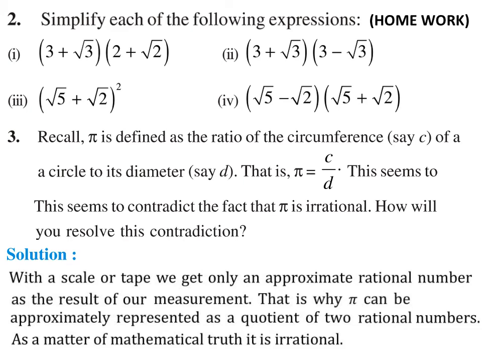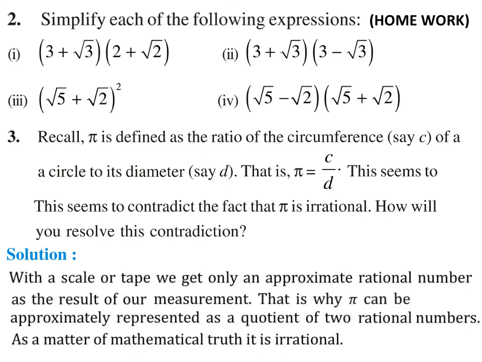We know the decimal expansion, but we can take pi as 22/7 also, which is rational, but we know pi is an irrational number. So 22/7 is the approximate value of pi, not the accurate value of pi.